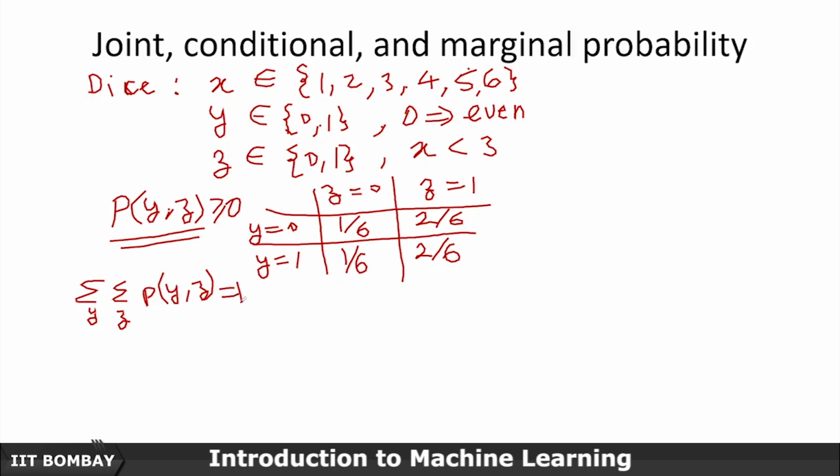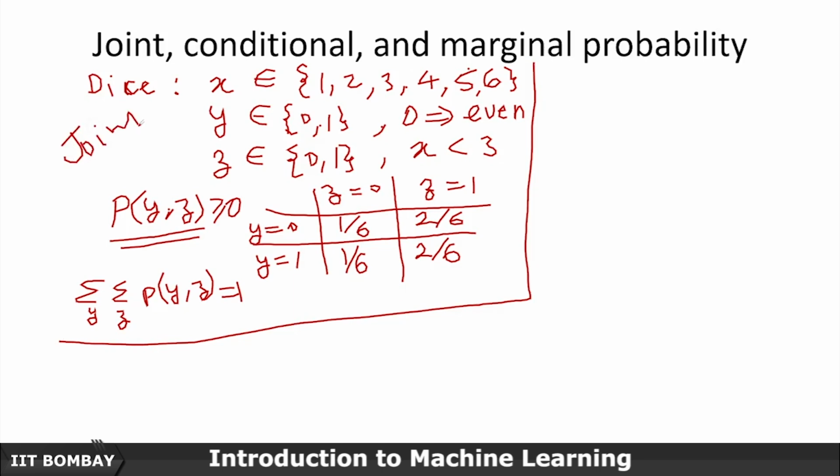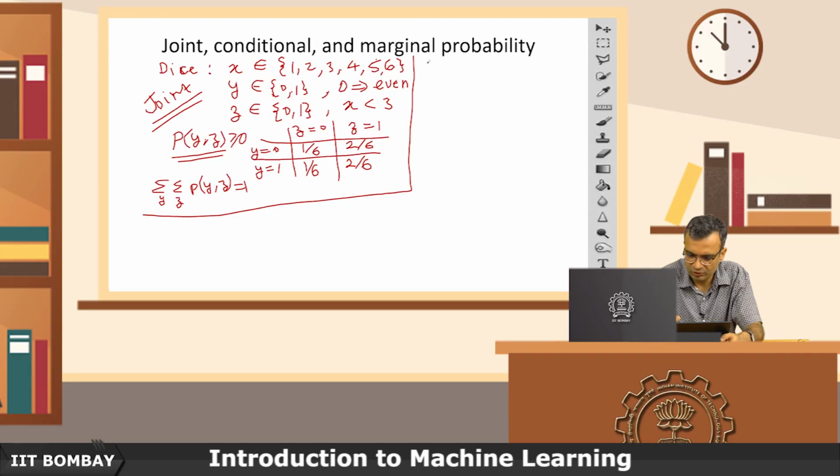Now, let us look at two additional concepts, which is conditional probability and marginal probability. This is the basic joint distribution. And now let's look at conditional. So, let us say we want to define P of y given z.